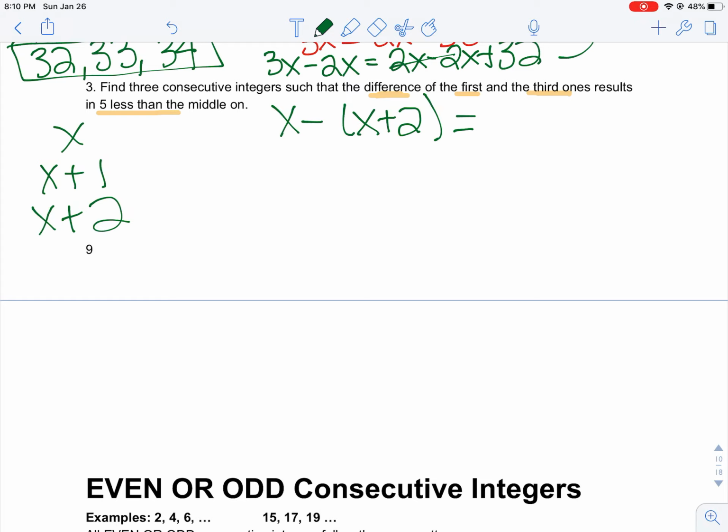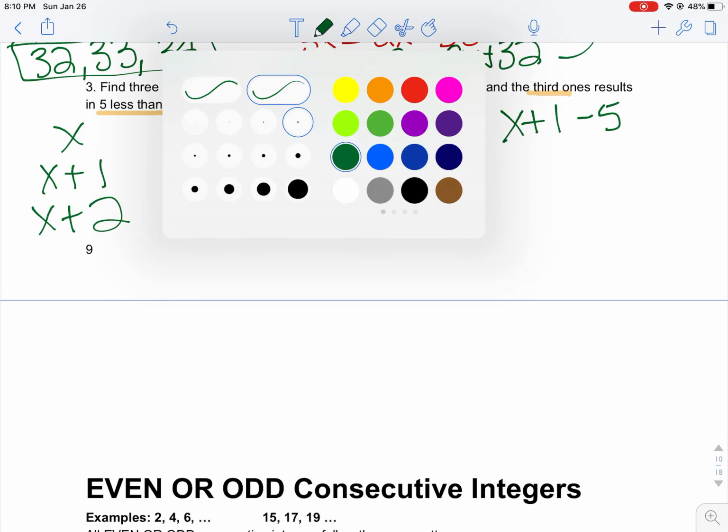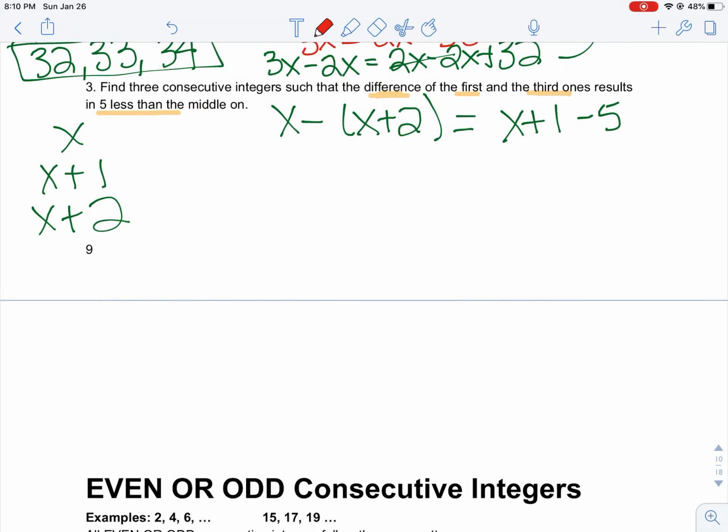So than means reverse the order. So we've got to say the middle one first. Less is subtract, and I'm subtracting 5. So if I have to distribute, there's like a negative 1 out front of that parentheses. So that gives me x minus x minus 2 equals x plus 1 minus 5.